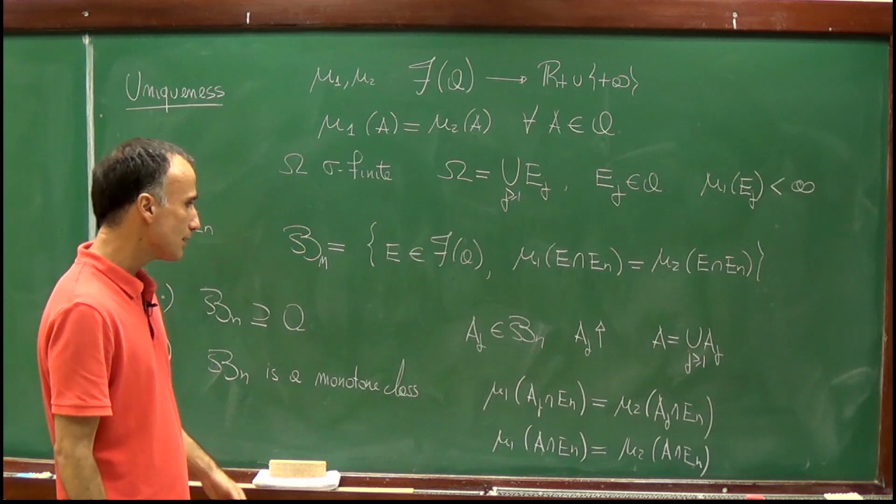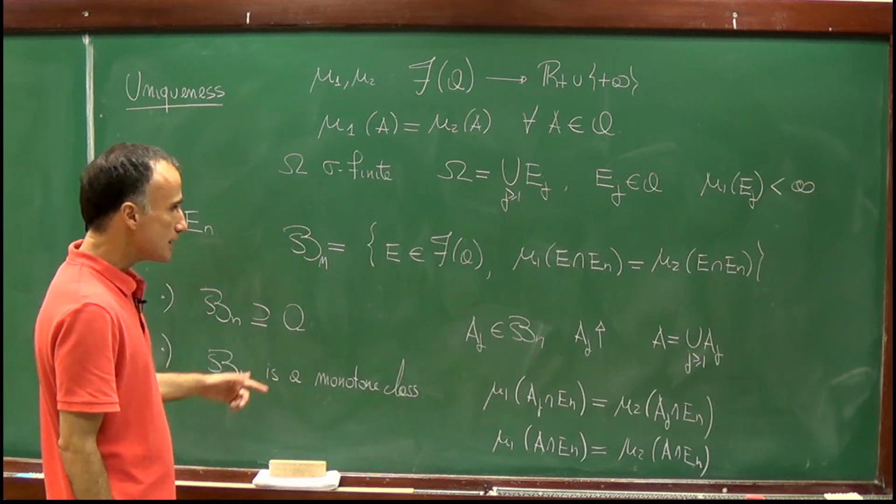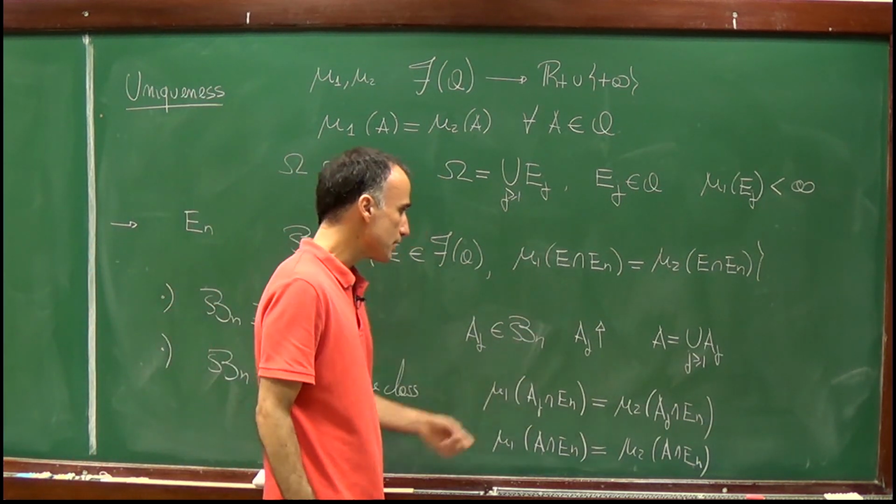So this proves that Bn is closed by increasing sequences.